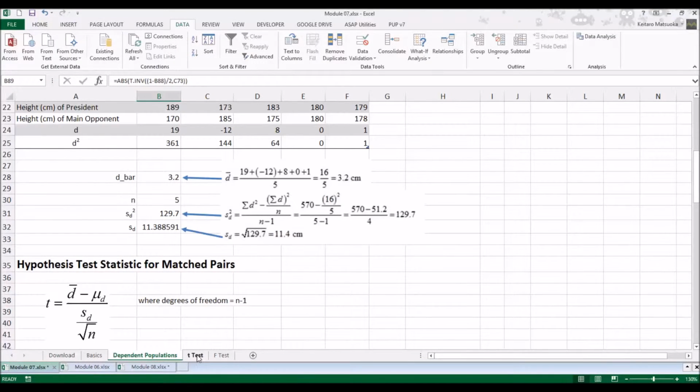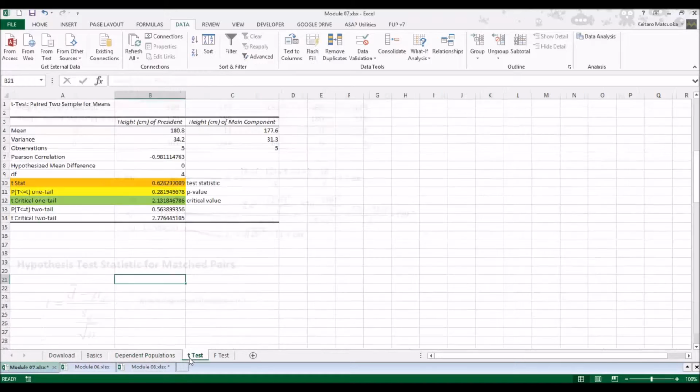Since I did that already, I'm going to go to the tab here. And that's what it looks like. Your output will not be color, but I just highlighted these in mine so that you can compare this to what you see in the lecture notes, so they're an exact match. So that's the test statistic value, that's the p-value, and this is the critical value.